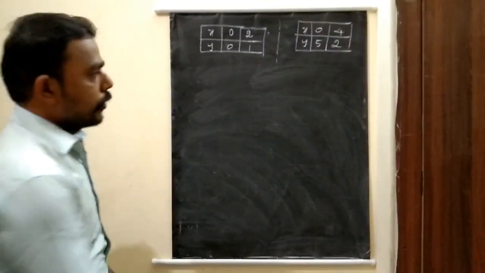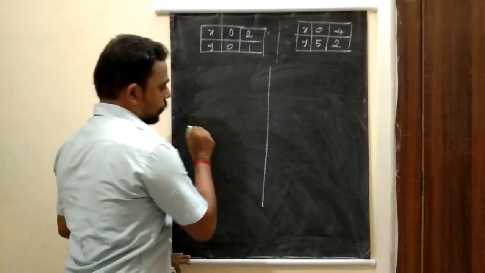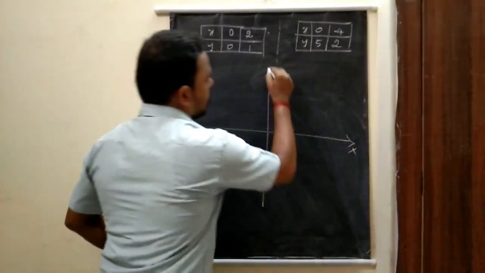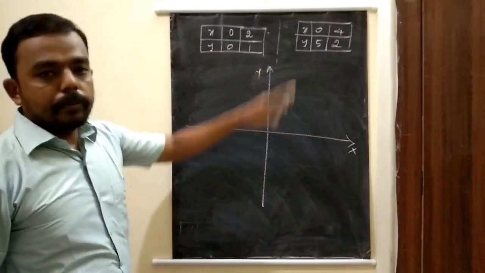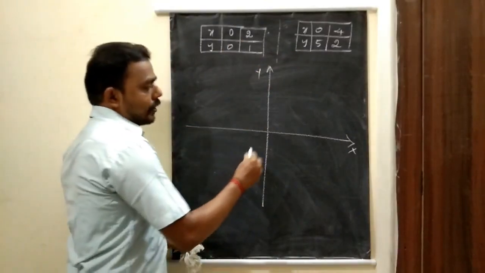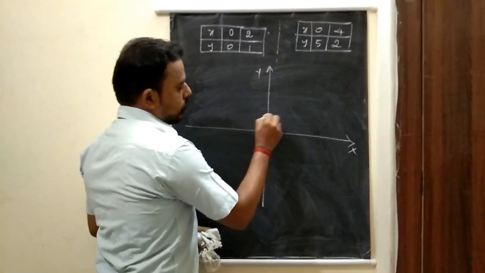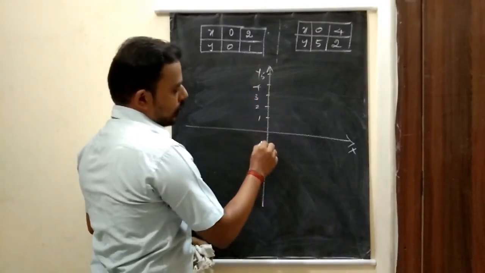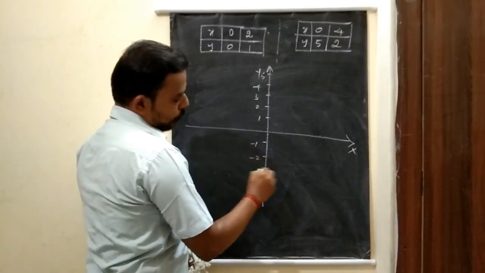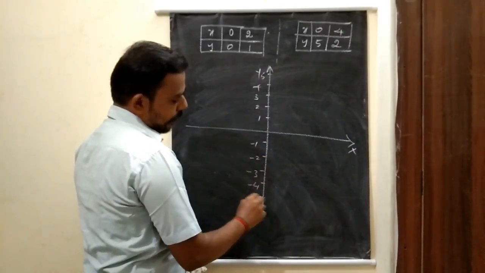So for this, I am going to draw the graph. This is the x-axis, this one is the y-axis. 0 to 1, up to 5 are all positive. So here 0, 1, 2, 3, 4, 5. Minus 1, minus 2, minus 3, minus 4, minus 5.